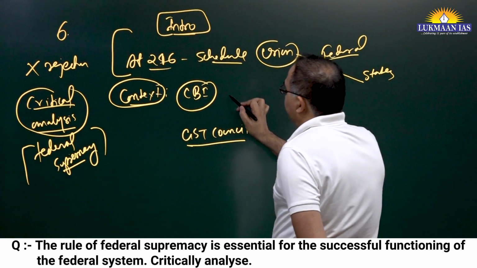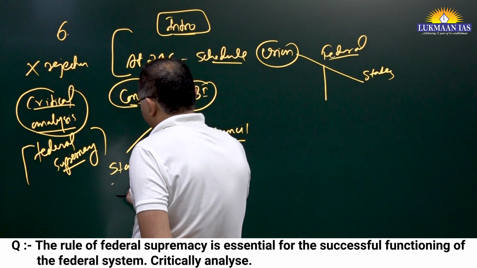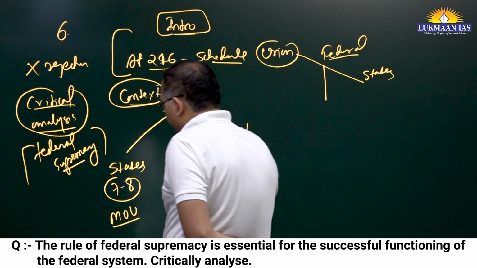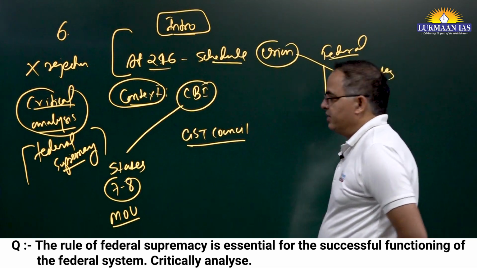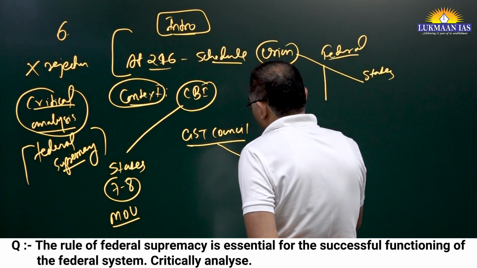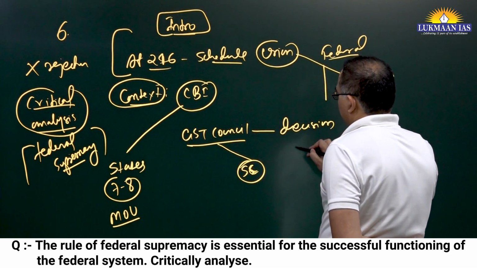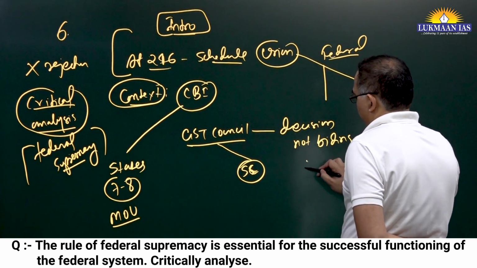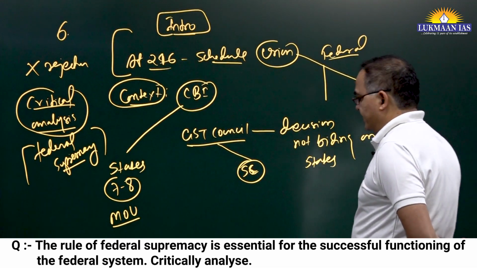In the CBI case, over 7-8 states have not renewed their memorandum of understanding, so they have not continued the memorandum of understanding for CBI inquiry. In this case the Supreme Court has given a judgment that its decision is not binding on states.